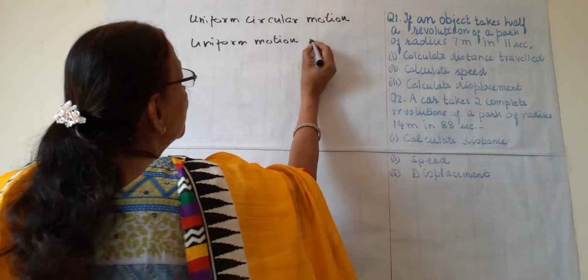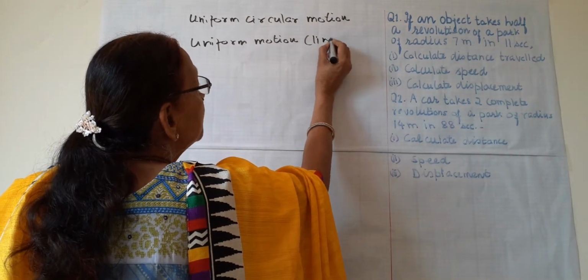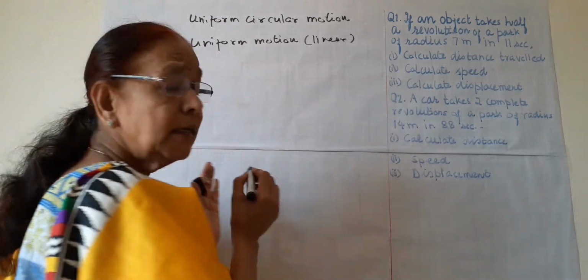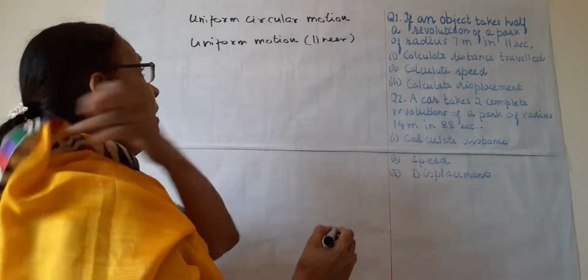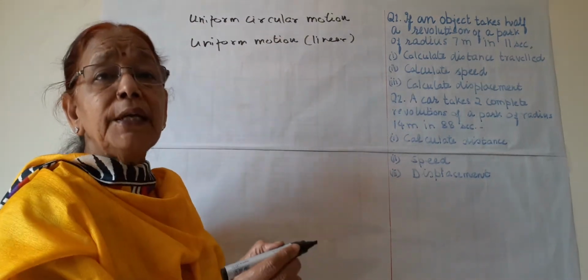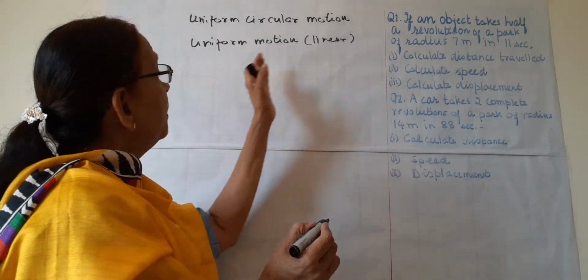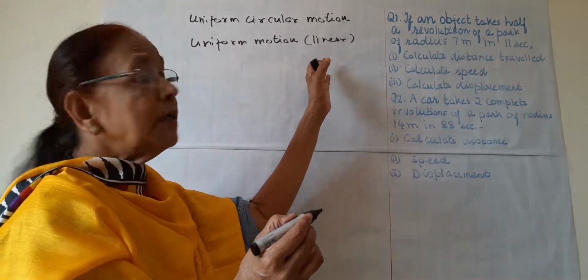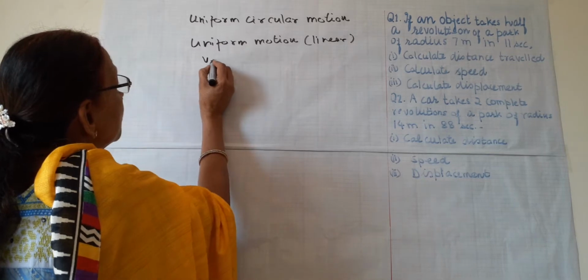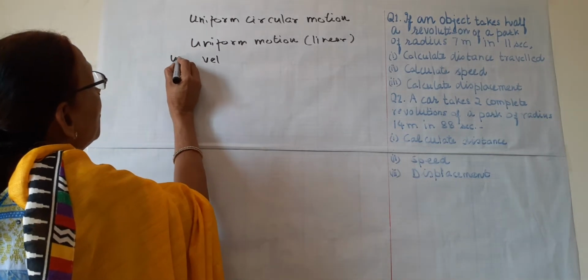This uniform motion was linear motion, that is in a straight line. So they are quite different with each other. How? In uniform motion or linear motion, we were also calling it as uniform velocity.